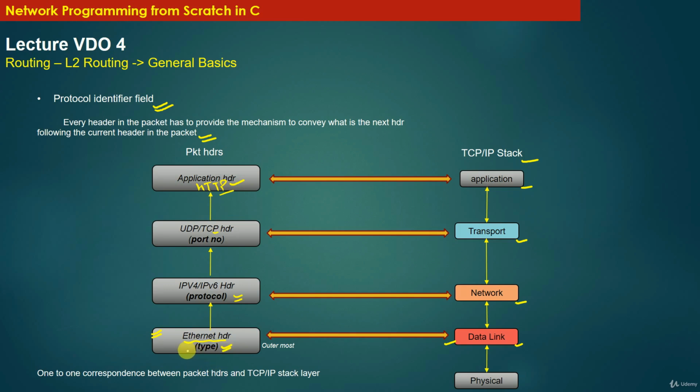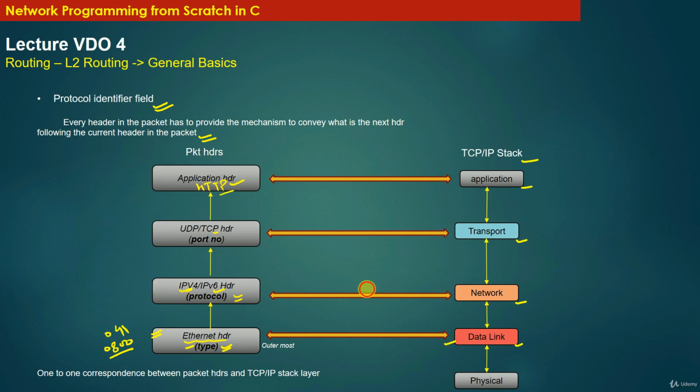The value of this type field helps us know whether the next protocol operating in the network layer is IPv4 or IPv6. So if the value of the type field is, for example, 0800, it means that the next protocol operating in the network layer is IPv4, and if the value of the type field in the Ethernet header is 86DD, the next protocol operating in the network layer is IPv6.